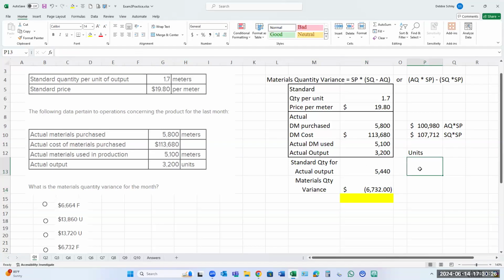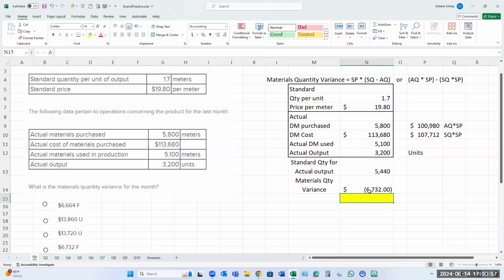So I could have taken this times this and got that same thing there. Anyway, to figure out favorable or unfavorable, I have to look at actual versus standard. This is what I thought was going to happen, and actual was less than what I thought was going to happen.